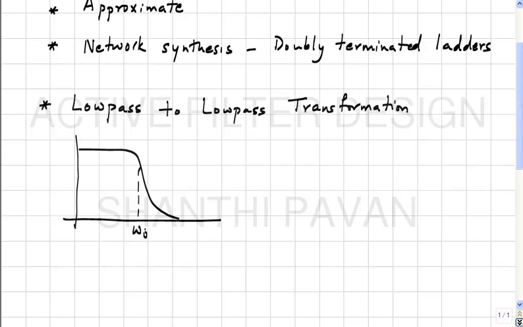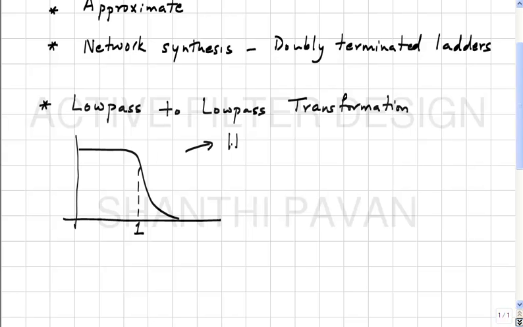Okay. So far, whatever we have seen, what is this critical frequency? In the Butterworth case, it has been the 3 dB bandwidth. In the Chebyshev case, it's been the pass band edge. Okay, and in the inverse Chebyshev case, it's been the stop band edge. In all these cases, that critical frequency was chosen to be 1 radian per second.